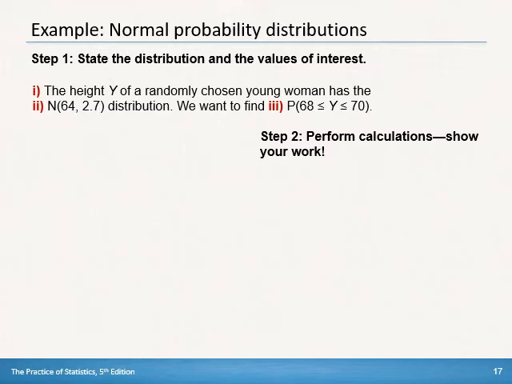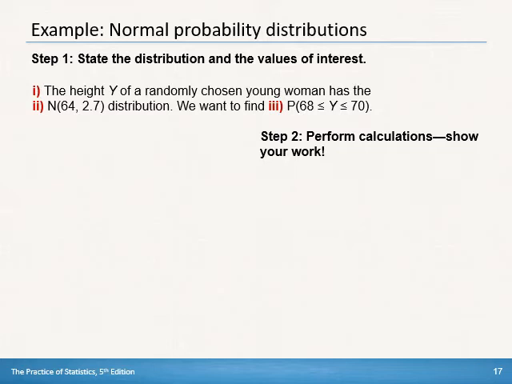And then thirdly, in the first step, we want to state what probability we're actually calculating. So we want to calculate the probability that the randomly chosen woman is between 68 and 70 inches tall. And we can say that in symbolic terms, like I have here listed, or we could write that out in words, but I think it's a little bit nicer to write it out symbolically.